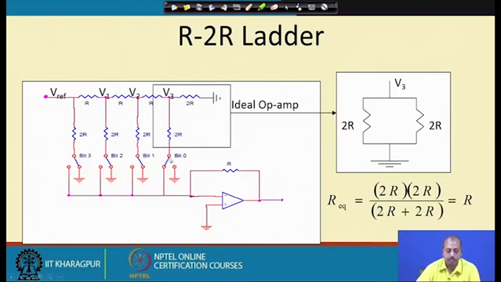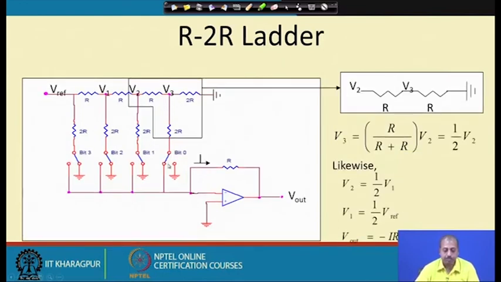When this bit is connected like this, some part of the current will flow like this, some part will flow like this, so you get R equivalent equal to R. Now consider V2. After that we have this R, then V3, and this part is equivalent to R as we have seen previously.